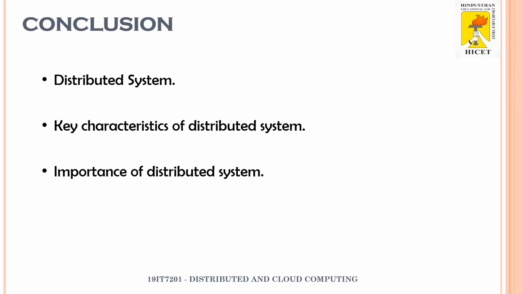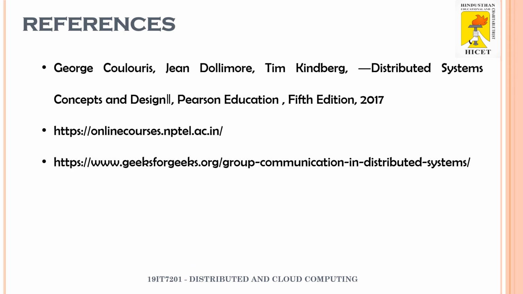Overall, distributed systems provide a flexible and robust approach to solving complex computational problems by leveraging the power of multiple interconnected nodes, so that we can get better performance compared with a centralized system or an individual computer.